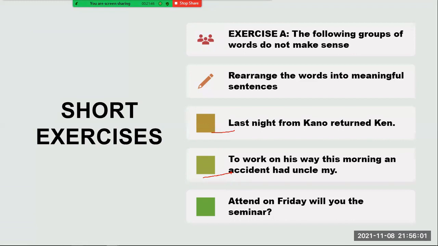So I want you to think about the way these words ought to be arranged to make a meaningful sentence. Attempt arranging them in a meaningful sentence, and then we shall be back to do a correction. Now, attend on Friday will you the seminar. Now, we have three short exercises testing your knowledge about the arrangement of words within the sentence structure.